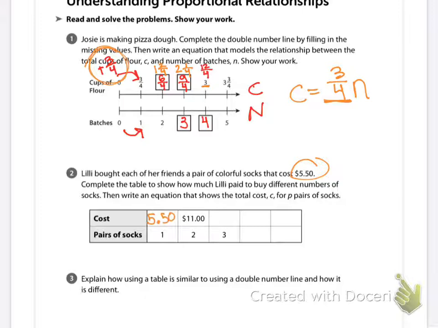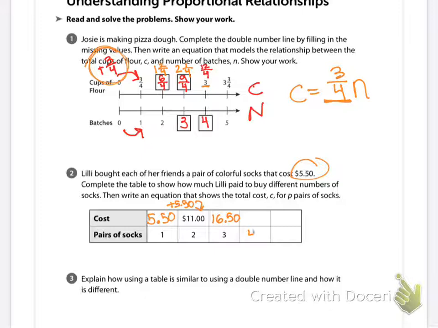And it makes sense that as she bought 2 pairs of socks, she's adding $5.50 again. So she's going to end up with $11 for 2 pairs of socks. To buy 3 pairs of socks, she's adding $5.50 again. So she is going to end up paying $16.50.